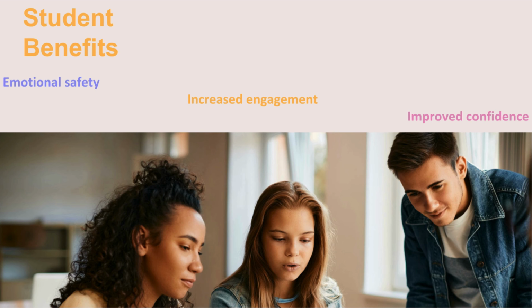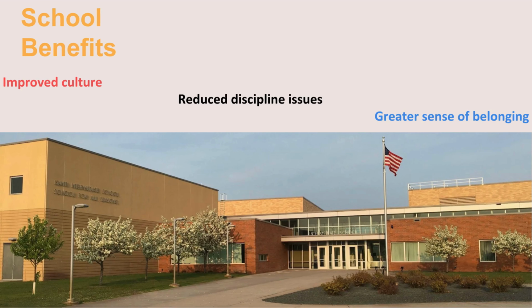You have increased engagement because now you've removed that fear of, what if I get it wrong? No, my teacher is genuine. They understand that mistakes are a part of learning and they're not going to ridicule me for my mistakes. They're going to show me ways to improve. And as a result, their efficacy is improved as well. They will have improved confidence.